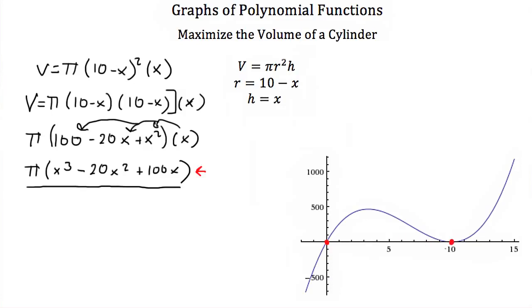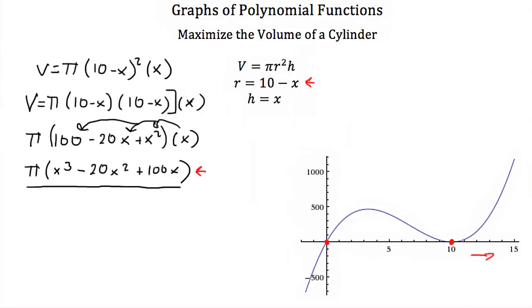Well, let's think about what's going on. If we have an x value greater than 10, then our radius here will end up being a negative number. And since radius is a distance, you can't have a negative distance. So anything greater than 10 wouldn't make sense.